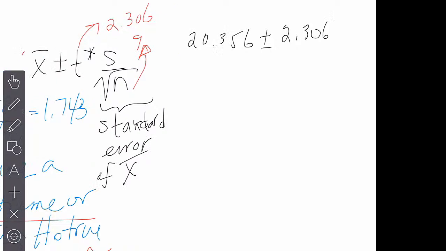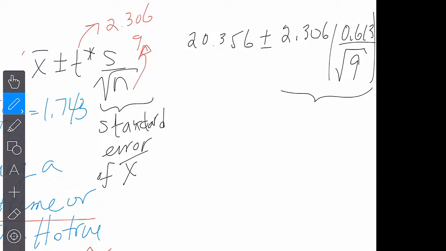S is 0.613 and the root of n is 9. So simplifying this, all of this is called the margin of error.